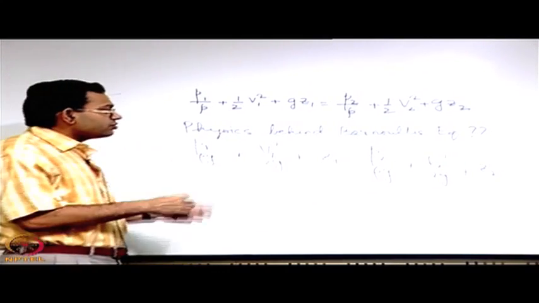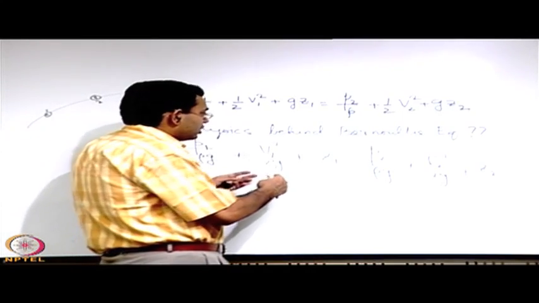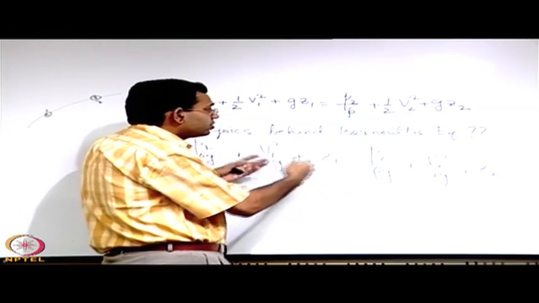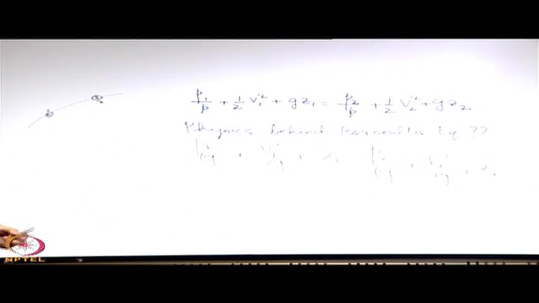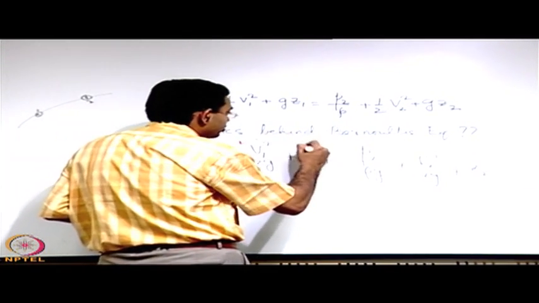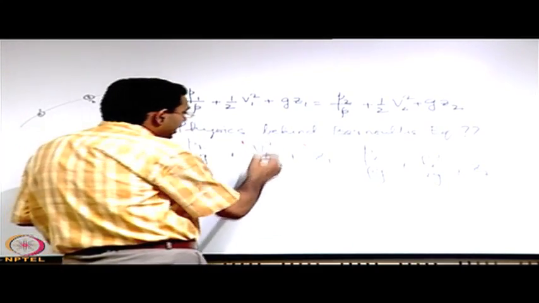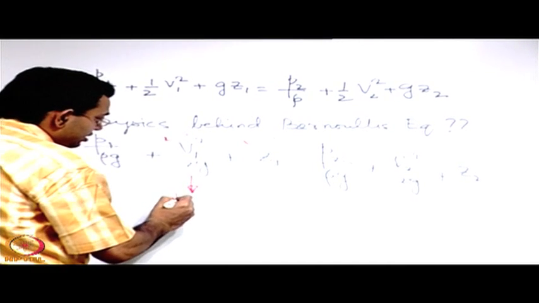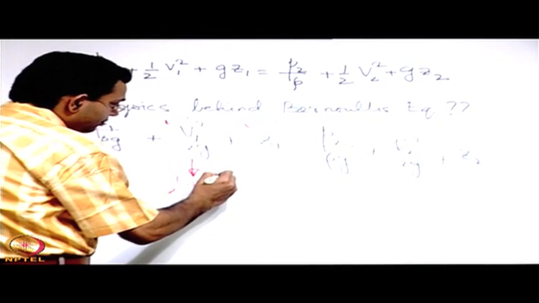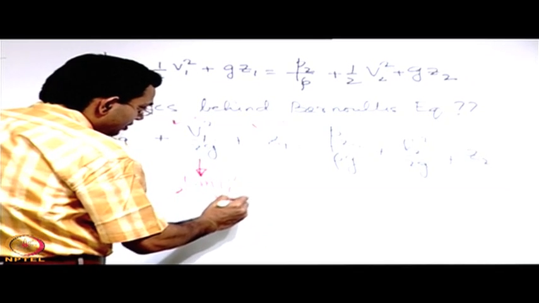Now, what we will try to see is that, expressed in terms of units of length, what do these terms physically represent. We will start with the more obvious terms, that is we will start with these two terms. These are more obvious and easy to interpret and in some way very trivial. So, you can write, say, V1 square by 2g. How can you write it? You can also write it as half m V1 square divided by mg, right.